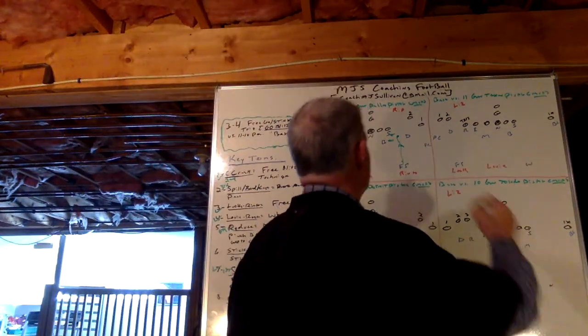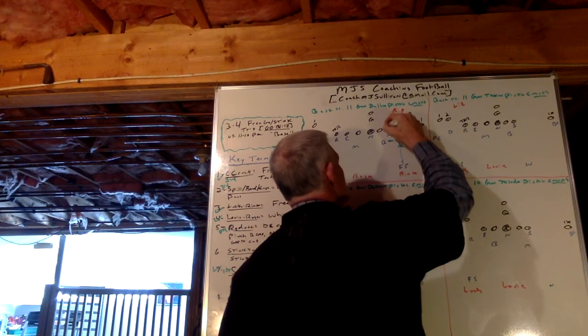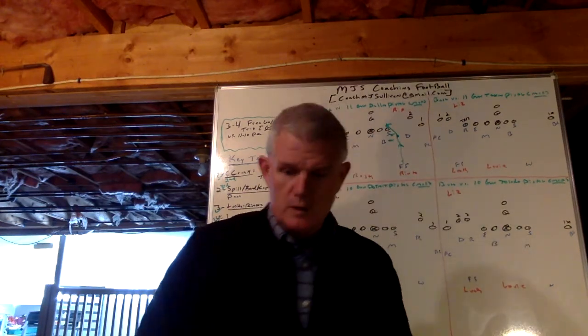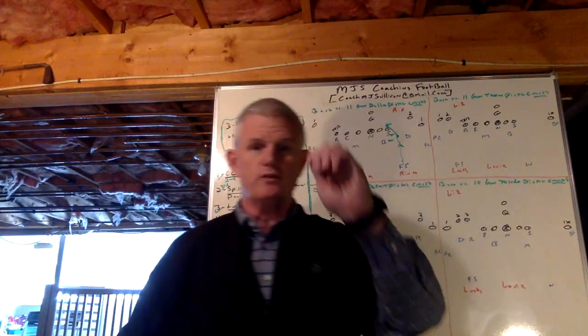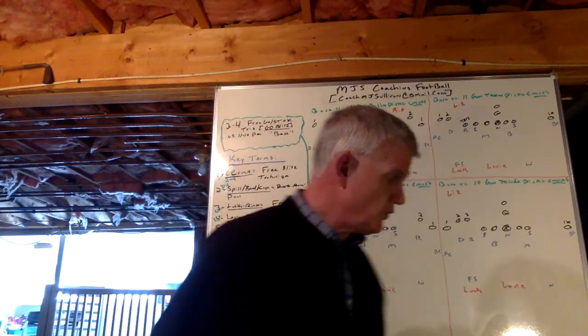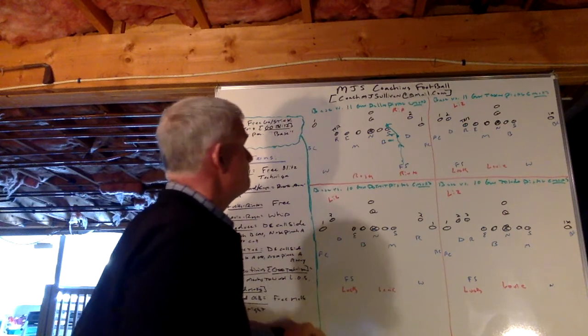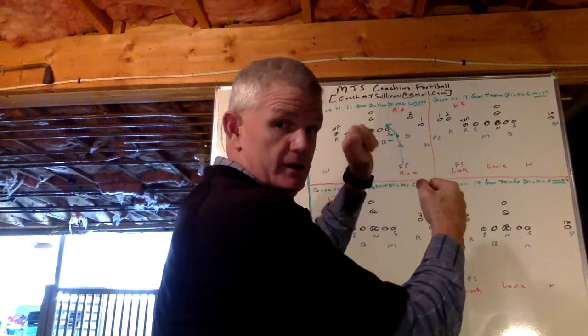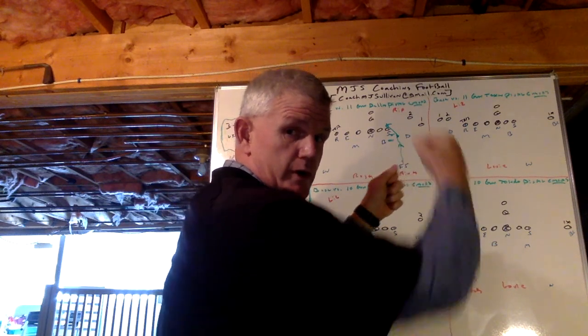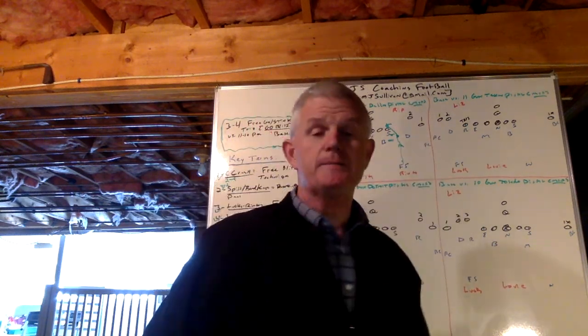Ball snapped. What we call dig and crossover. Dig and crossover. Okay? So I'm not going to write that up here, but the dig is off the front toe and crossing over the back foot.